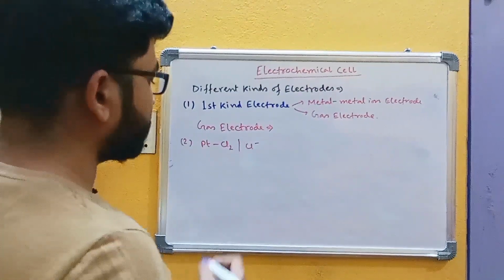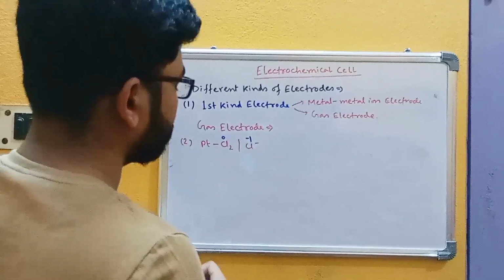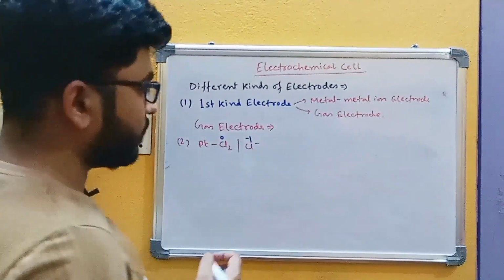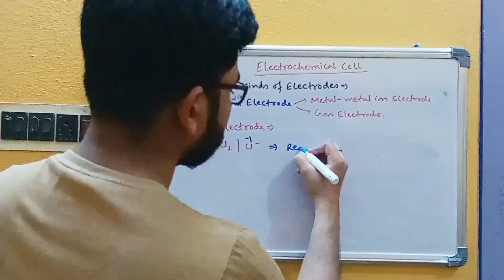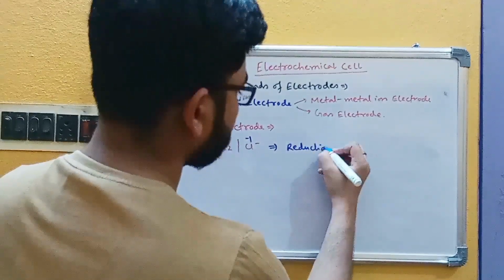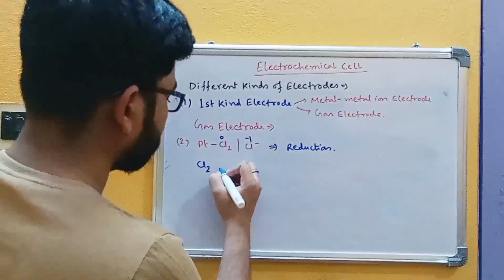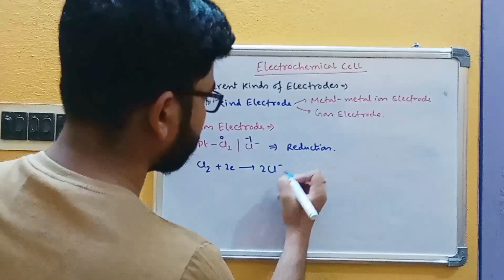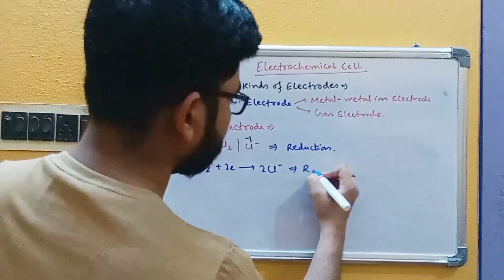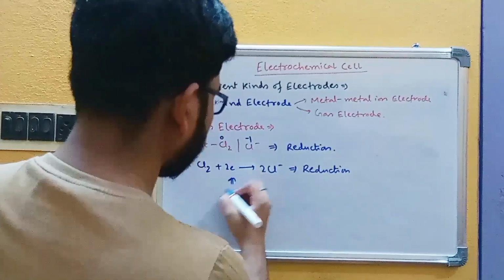Now we write the half cell reaction of the next electrode. From this half cell we can see that this chlorine has oxidation state 0, but here -1. So from this we can know that this is a half cell which indicates reduction. And if we write the half cell reaction, Cl2 plus 2 electrons gives 2 Cl minus, and this is the example of reduction.